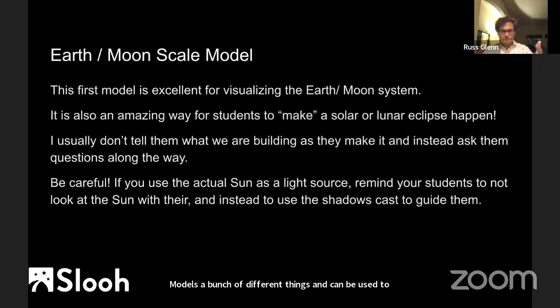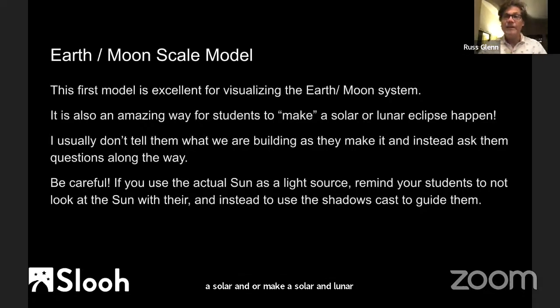This is a model for visualizing the Earth-Moon system. It's also a great way for students to make a solar and lunar eclipse. They can model both of these, and they can actually use the actual sun. They can create their own syzygy using this model and the sun.